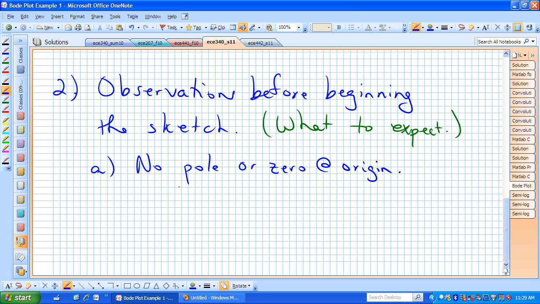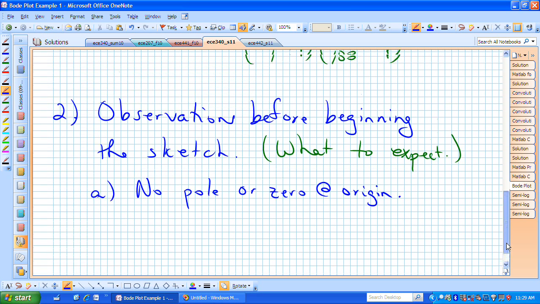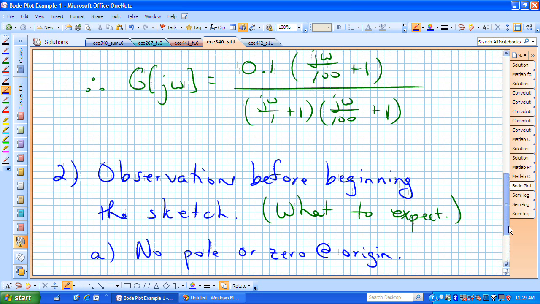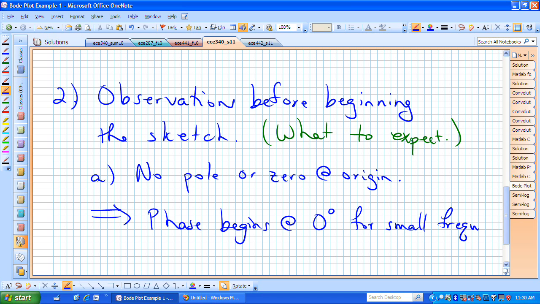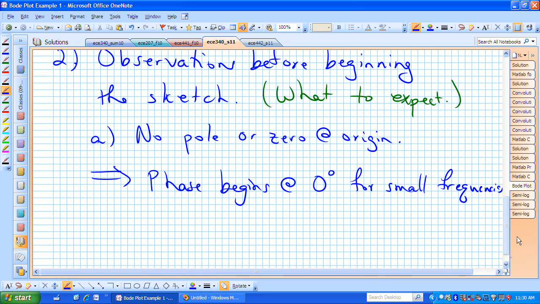With no pole or zero at the origin, our phase curve begins at 0 degrees for small frequencies. Now we know where to start our phase plot.